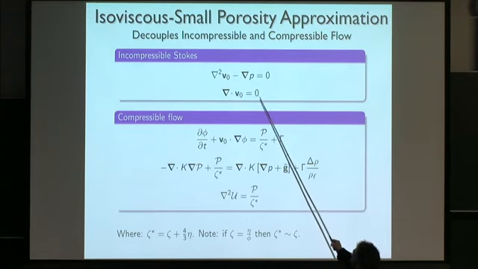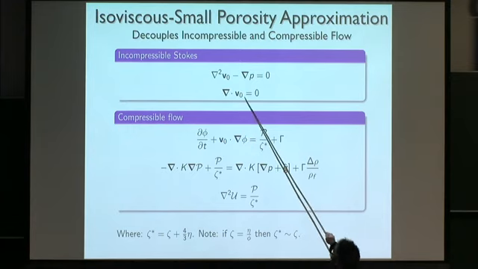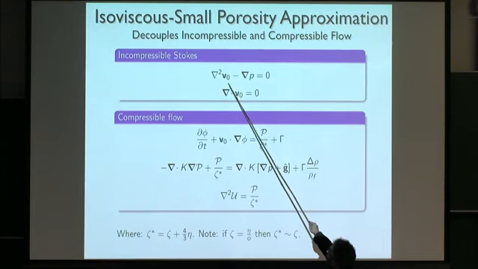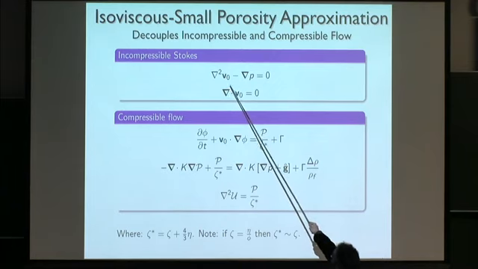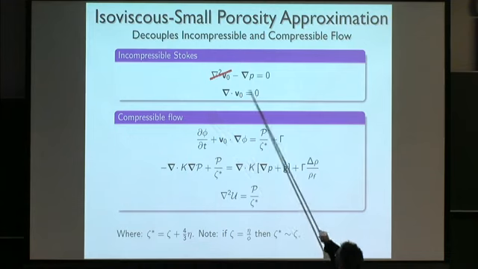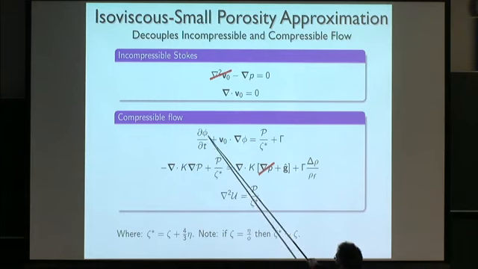What I'm going to do is, this is true for any solution of incompressible Stokes, but I'm going to limit to the worst case, which is just a constant translational velocity. In which case, that vanishes, and grad p vanishes, so now these are no longer coupled. You'll notice the equations, this one is just for porosity.